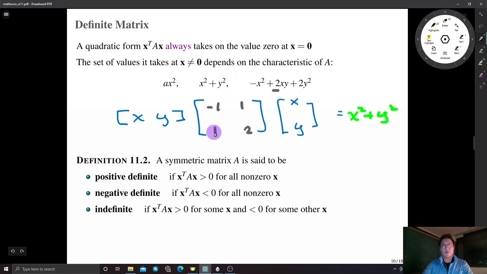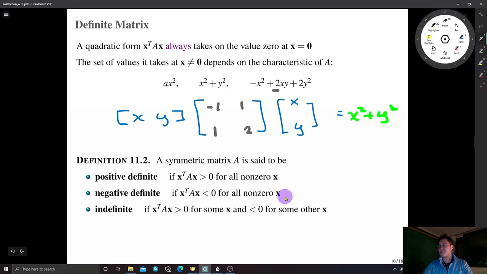So the 1, 0, 0, 1 identity matrix is positive definite. And then we say matrix A inside is negative definite if the associated quadratic form is always negative for all non-zero matrices.